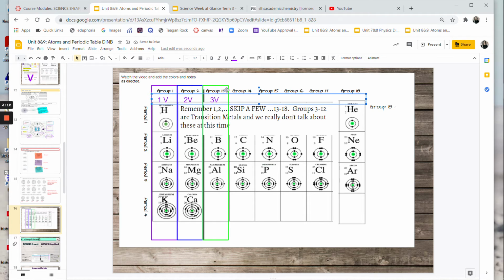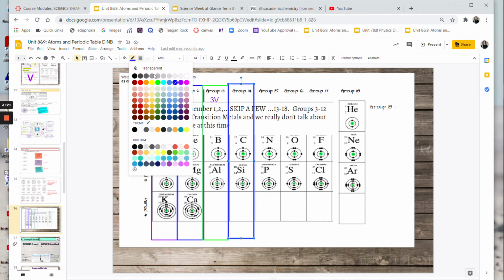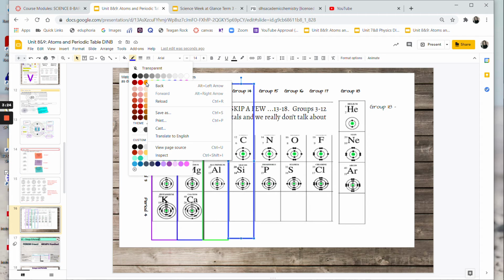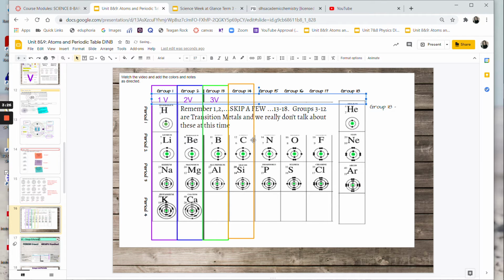Okay, then you go to group 14. Everybody in group 14 is going to have 4 valence electrons. So if I look down here at group 14, carbon has 1, 2, 3, 4, and silicon has 1, 2, 3, 4. So you are following the group number, and that's what gives you the valence electrons, except for 13 through 18, you are going to drop the 1 with the group number, and that's how many valence electrons you will have.